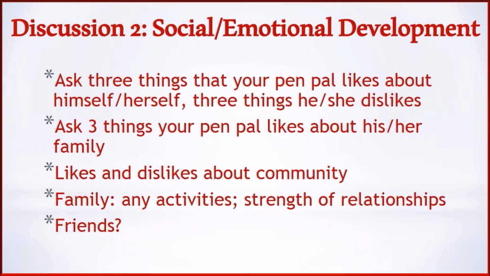While bringing up those positive aspects and really applauding that your pen pal has really cool aspects about himself or herself that he or she likes, you can address the things that he or she doesn't like, maybe ways to improve them, maybe ways that the adolescent can work on those aspects to start liking more things about himself or herself. So really fostering social and emotional development.